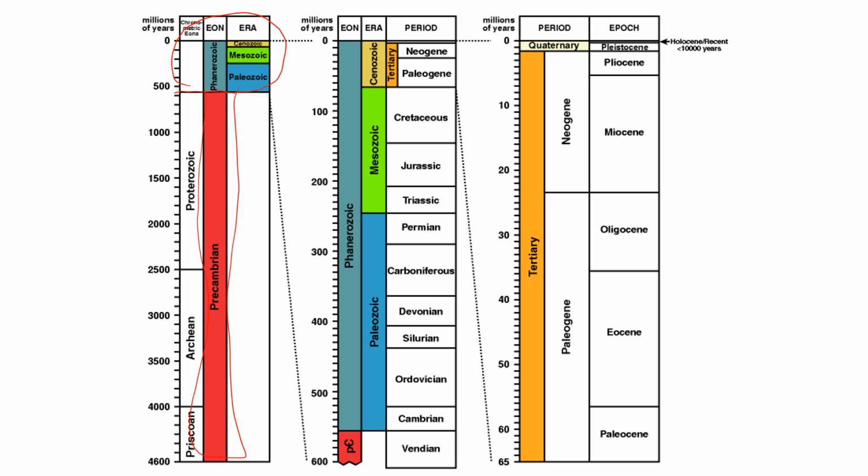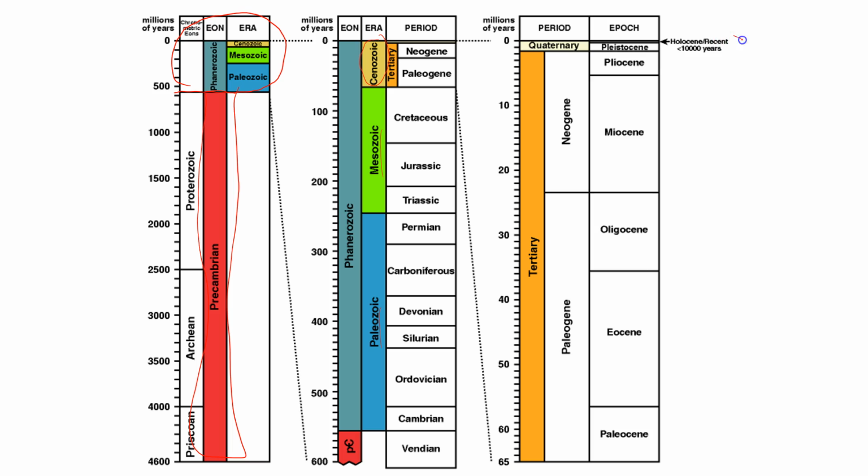We can zoom in on this Phanerozoic eon into the various eras, which would be the Paleozoic, Mesozoic, and Cenozoic. Cenozoic is our modern era. Mesozoic was the time of the dinosaurs. Paleozoic predates the dinosaurs. Then we can zoom in on the tertiary part of the Cenozoic era, and we can see the various times.